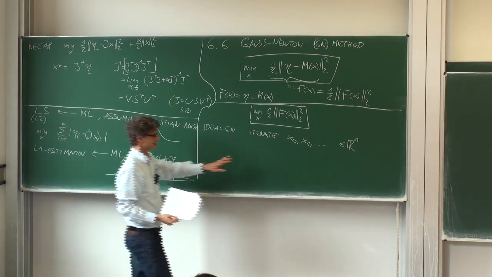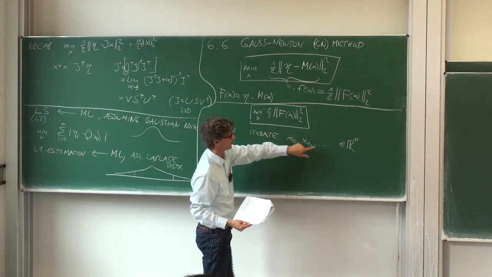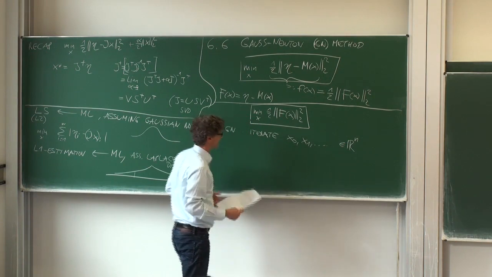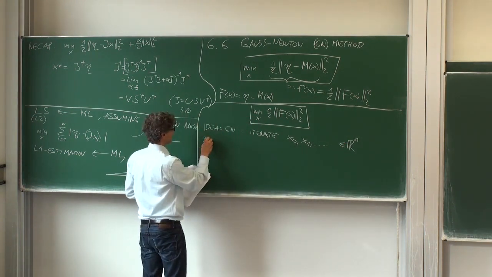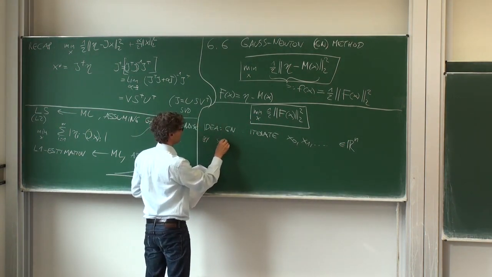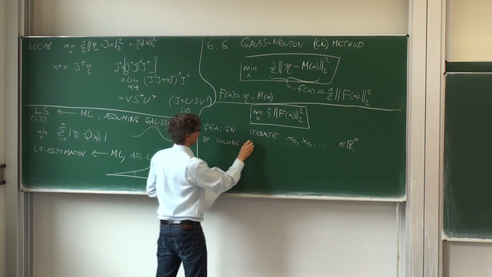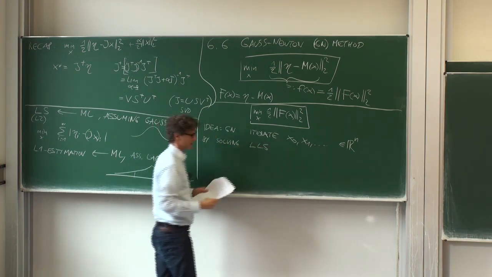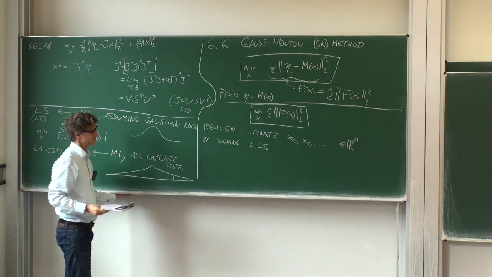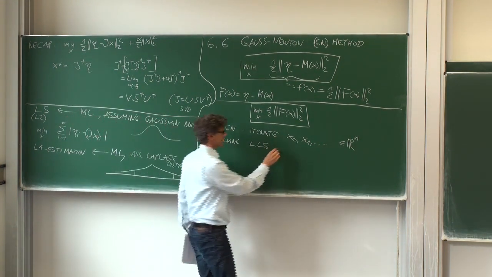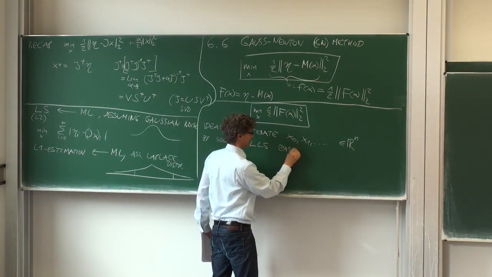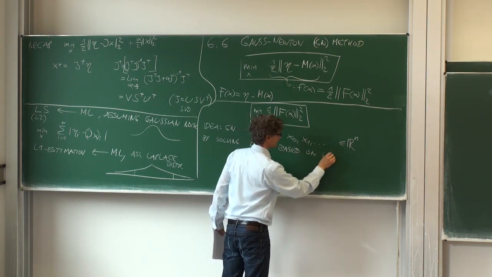These are just iterates which all live in the full space. We iterate by solving linear least squares. And what is the idea? It is based on Taylor series, on linearization.